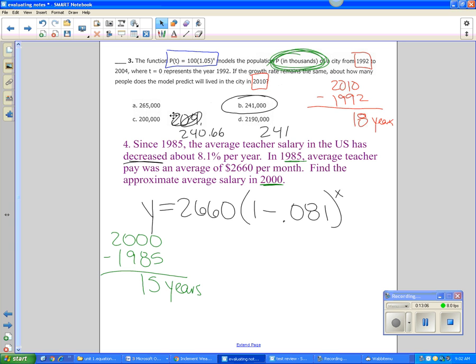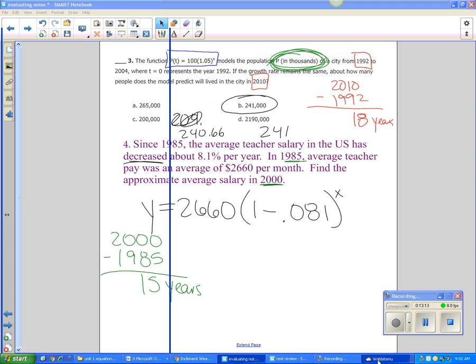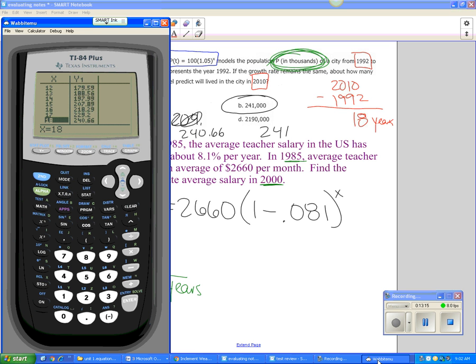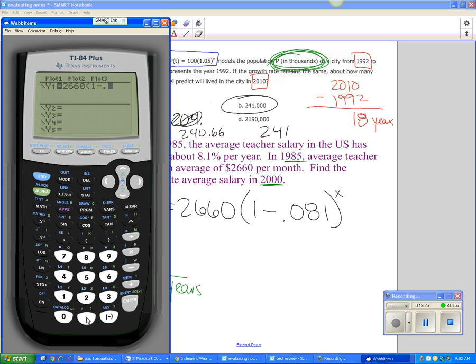All right, so Andrew, what am I going to do with this and this? What am I doing next? Good. So 260 parentheses 1 minus point. Ted, you already done this one? 0.81 to the x. And this one I'm going to 15.